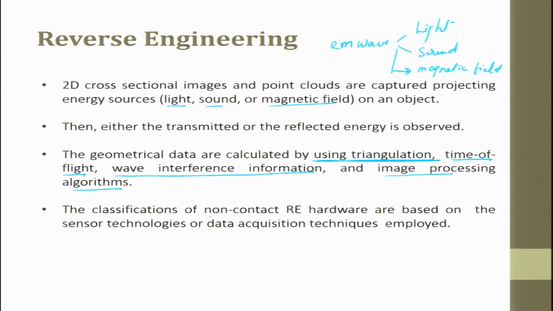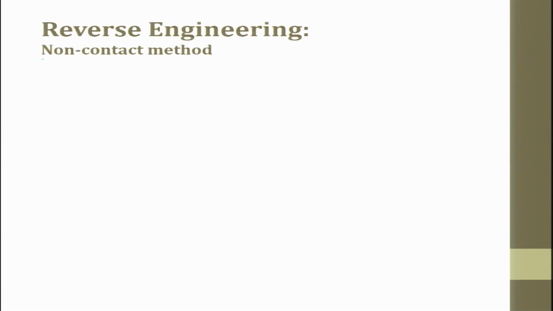The classification of non-contact RE hardware is based on the sensor technology or data acquisition technology employed. So, these are the two important factors which decide which reverse engineering technique to use. So, let us now draw the non-contact method classification.